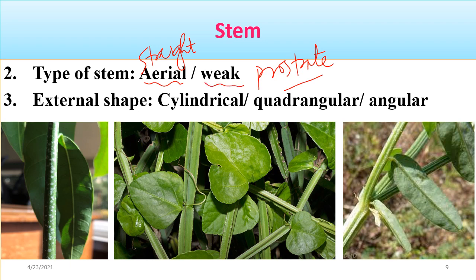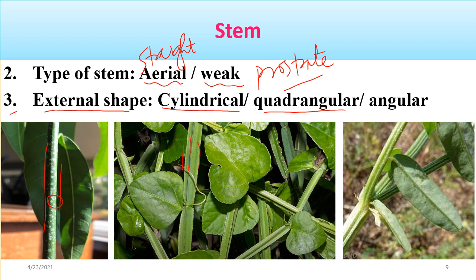Then the third characteristic is external shape, which is either cylindrical. Cylindrical means circular. Here you can see the stem of mango, which is exactly circular. In this case, the stem is quadrangular. This is one angle, this is another angle, this is the third angle, and on the back side another angle is there.